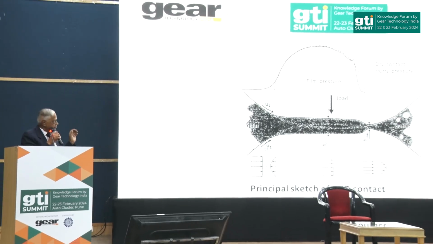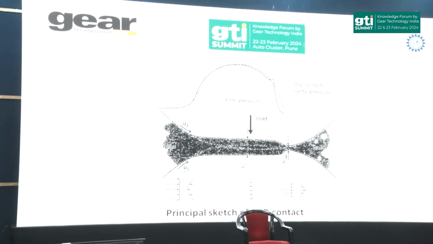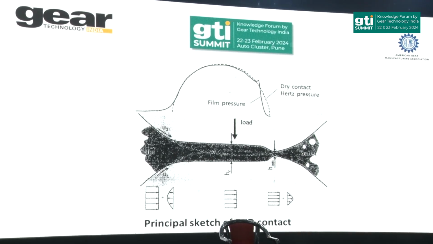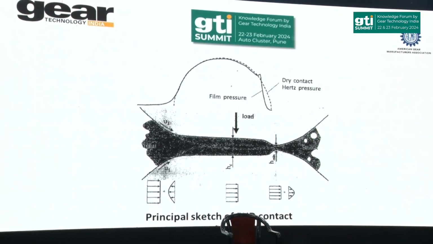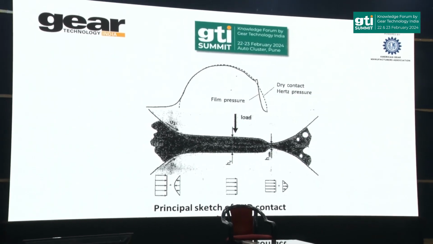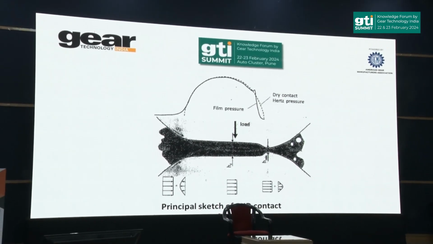Thereafter, when the resistance comes inside the film, it resists the oil flow further. Therefore, the surface flow has to overcome that, because there will be a creation of pressure inside. In a subsequent sketch, I will show you how the pressure changes, but this is what is happening inside the contact.